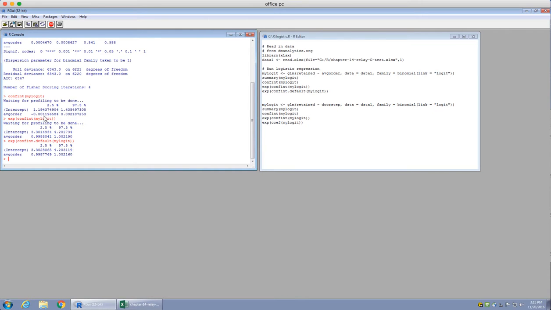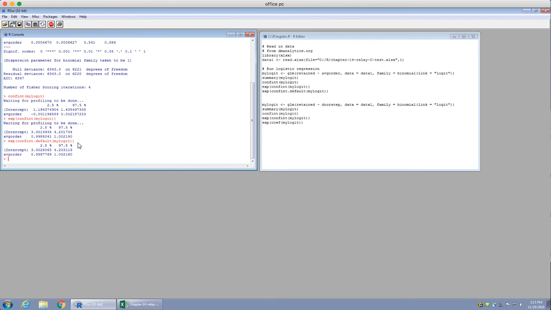Without the exponent, you probably notice that the lower bound is minus 0.00119 and so on, and the upper is 0.002. It contains 0, so it's not significant. I have two different types of confidence intervals that use the exponent here.